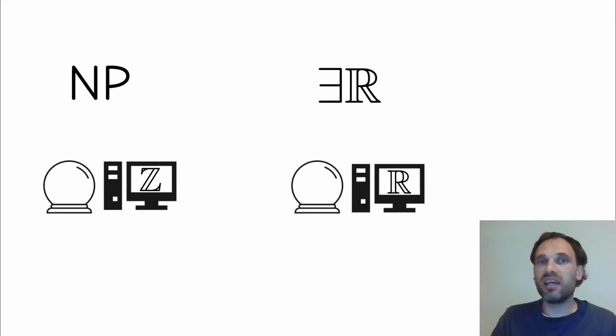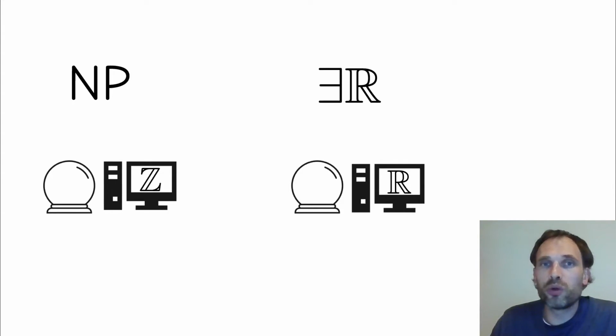And that gives you a definition of the complexity class ETR. So instead of guessing integers, we guess real numbers, and instead of checking them on a word RAM, we check them on the real RAM, which allows doing computation with real numbers.